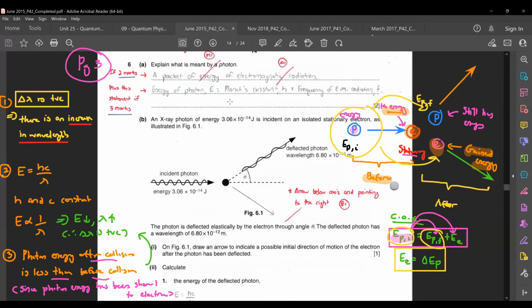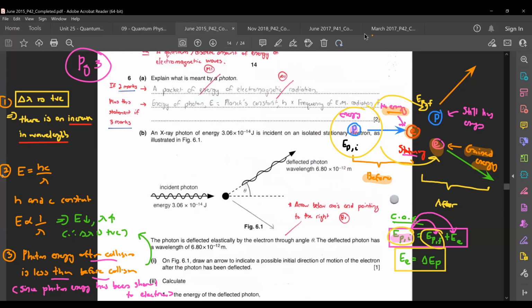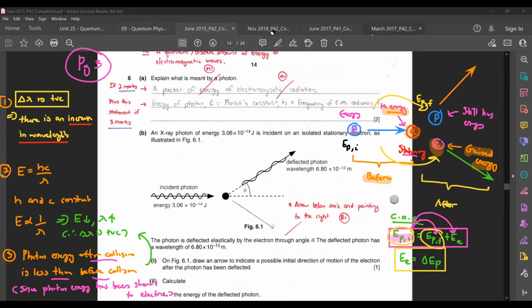For this particular question, explain what is meant by a photon. A photon is simply a packet of energy of electromagnetic radiation. That's all there is to it.